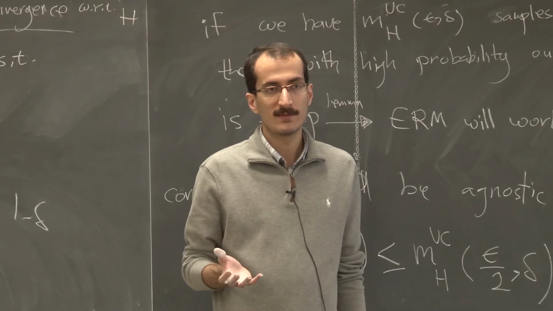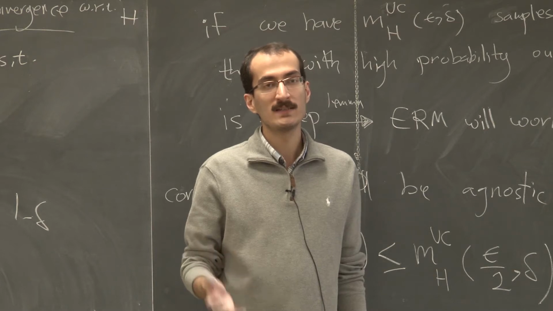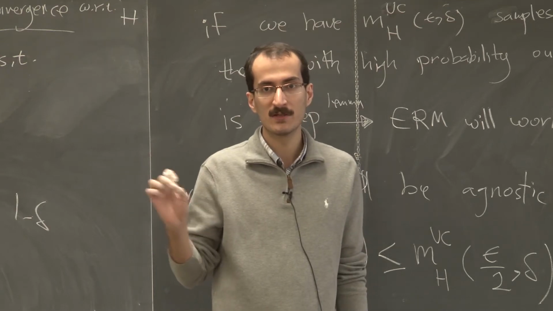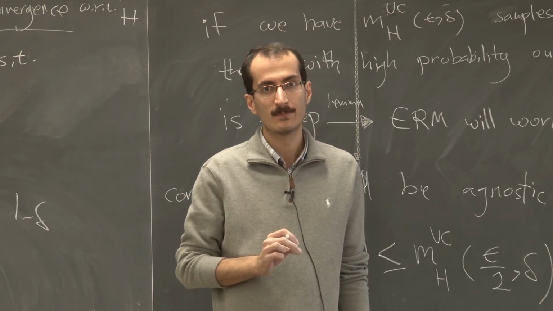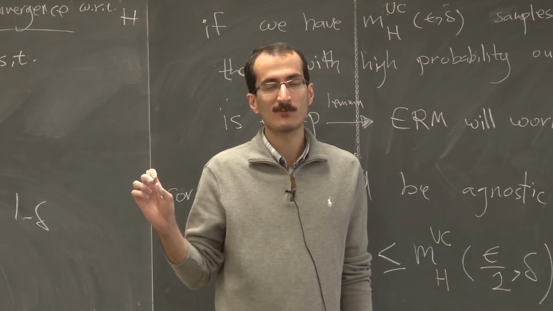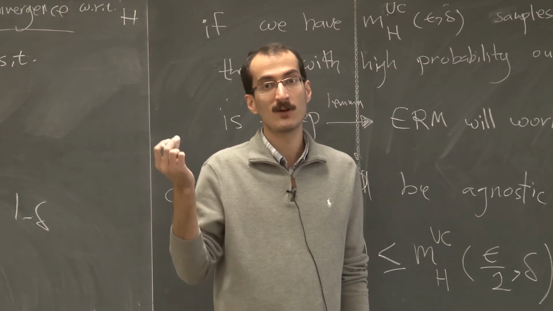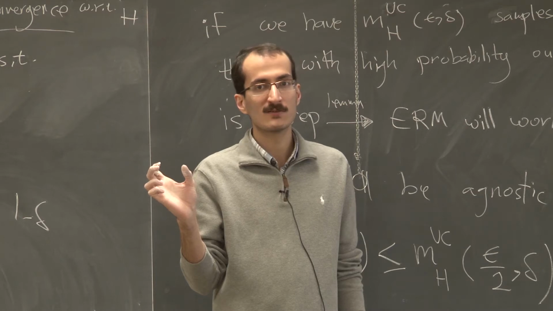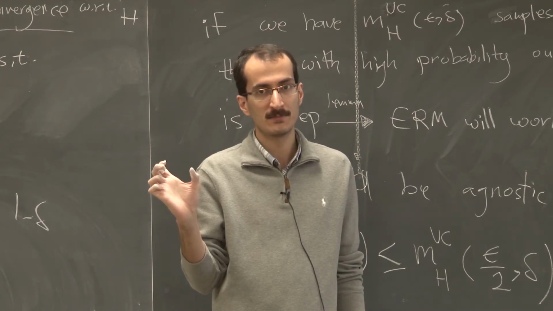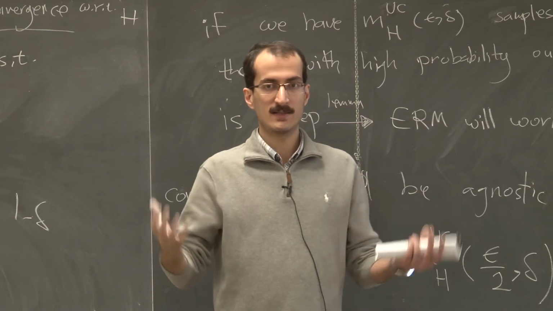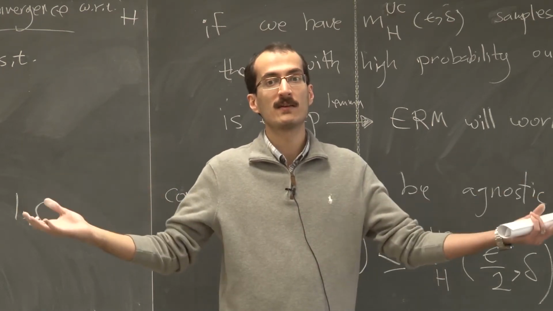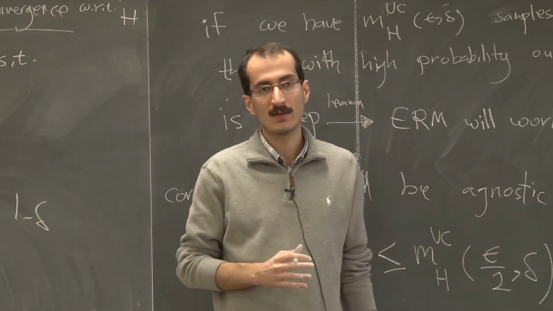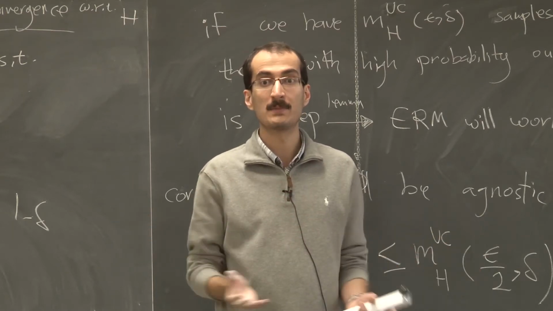And the meaning of this is how many samples I need to make sure that for all hypotheses in my class, the true error is close to the empirical error. So first, I will consider the case where I have just one hypothesis in my class, and I want to make sure that its true error is close to its empirical error. Then I will extend the result to the case where I have multiple hypotheses in the class, and I want them to be close to their true error at the same time.